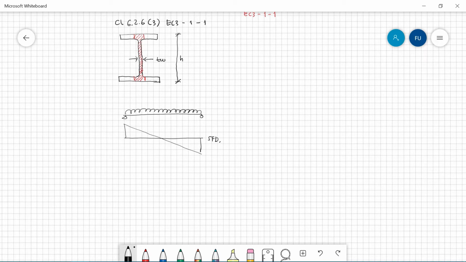At the middle of the span the shear is equal to 0, when the bending moment is maximum, the shear force is minimum.